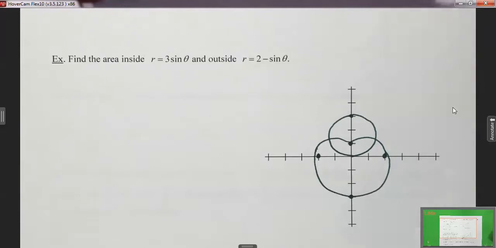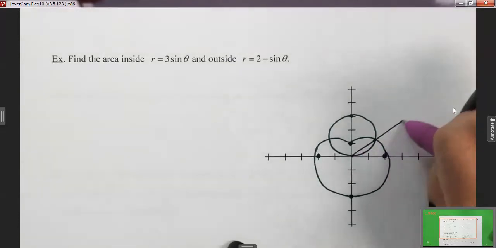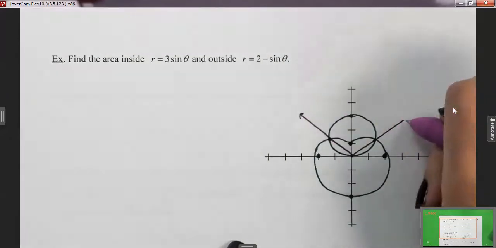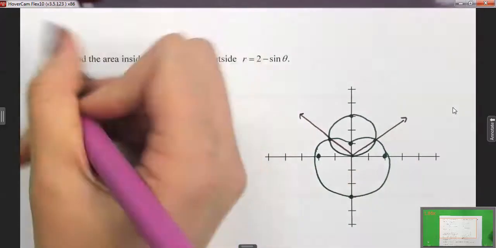First thing you want to do is find these intersection points right here and right here where they cross each other, because that's important to know. So how do I find intersection points? Set them equal to each other.